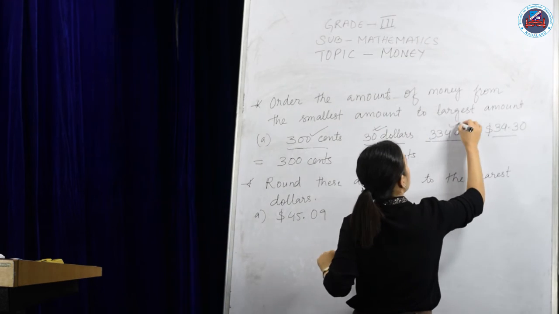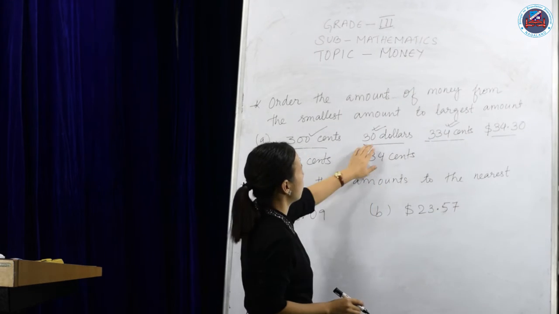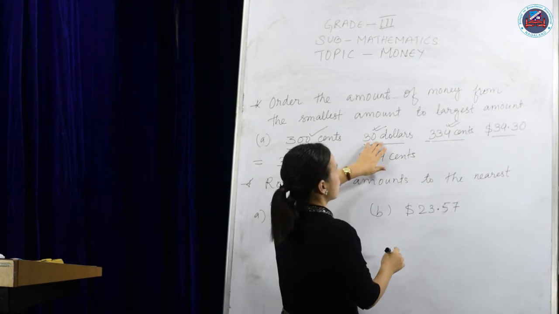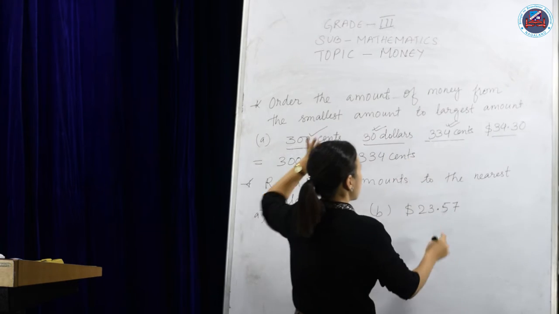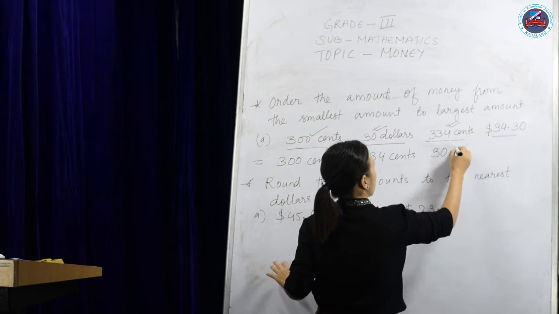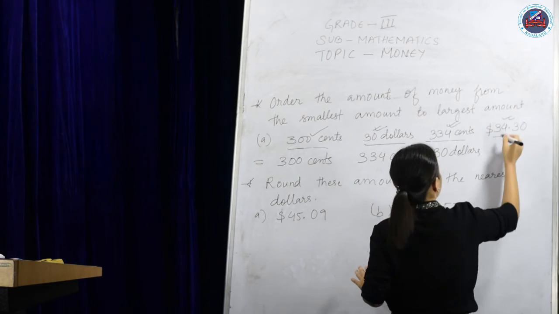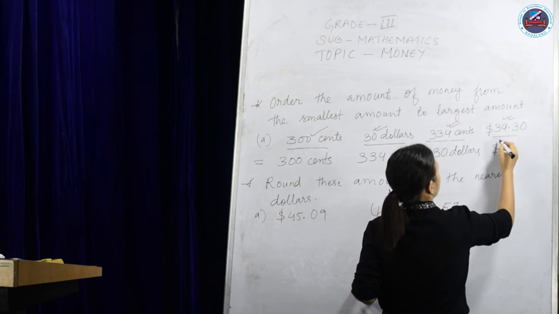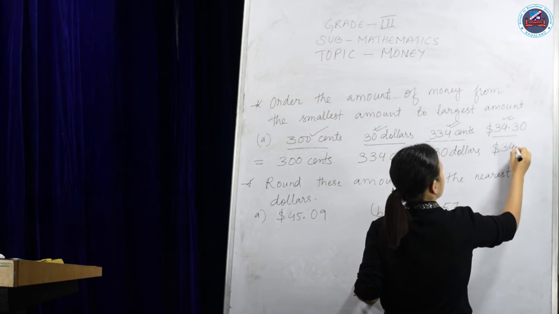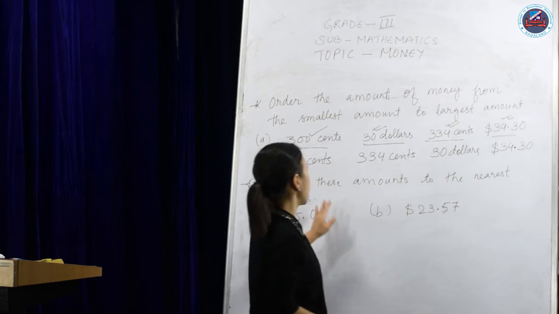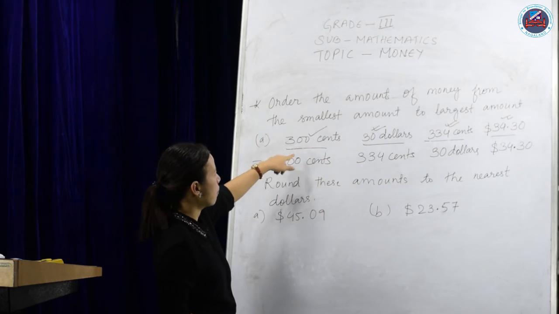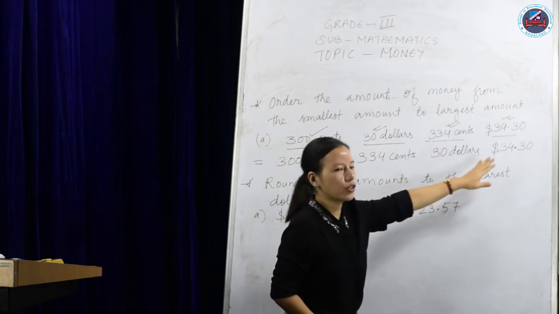This one is done. Now the third one will be $30. So $30 is less than this $34, so we're going to write here $30. And then last one will be this one. That is the largest amount, that is $34.30. So that's how we arrange the amount from the smallest to the largest.